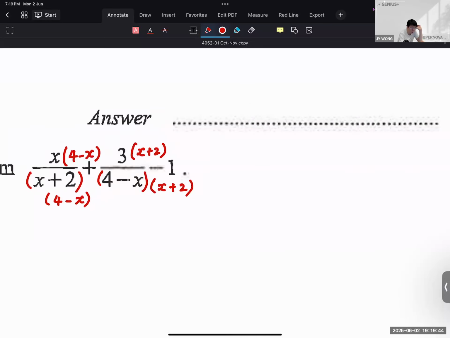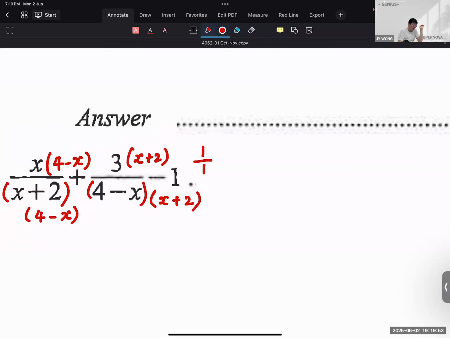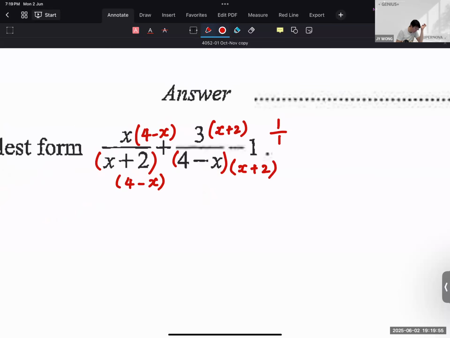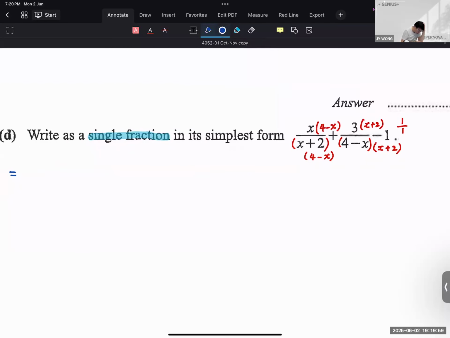You learn in primary school, a whole number as a fraction will be the whole number out of 1. So if you are not sure, you write it as 1 out of 1 first. Then later we decide what to do about it. So from here, this expression will be equal to, I will have x times 4 minus x.